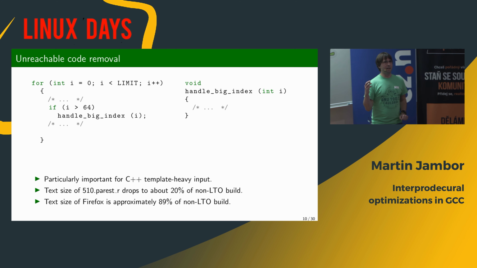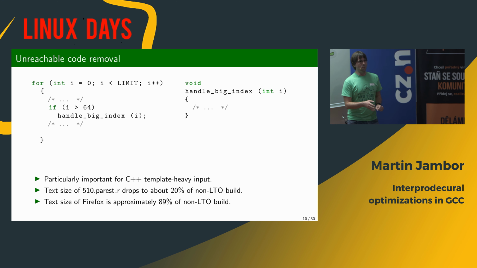Apart from things that are not really necessary and are discoverable at compile time, what can also happen, and what is very important, is that even if in the example above the handle_big_index call is necessary, the inliner decides to inline the function, so it replaces the call with a copy of the body of the function.